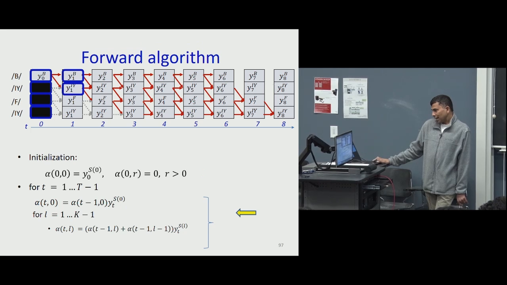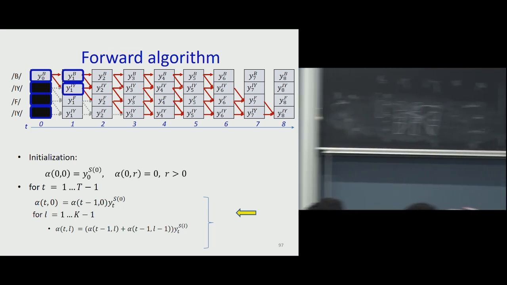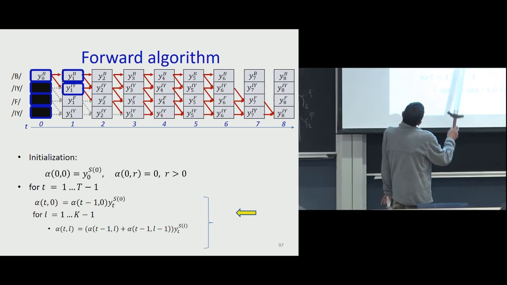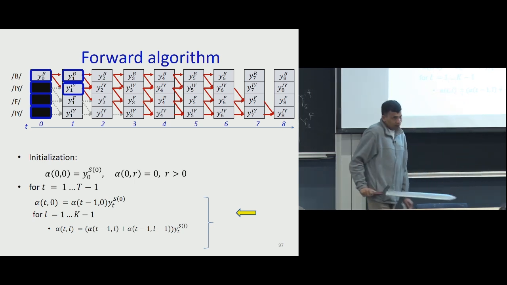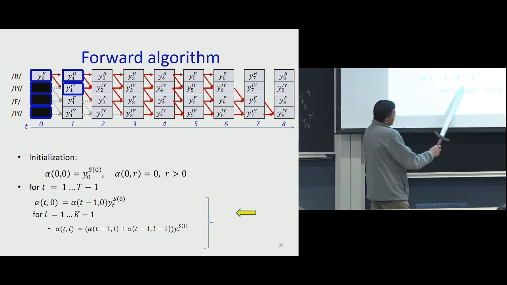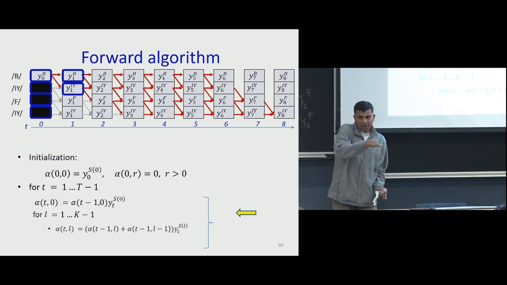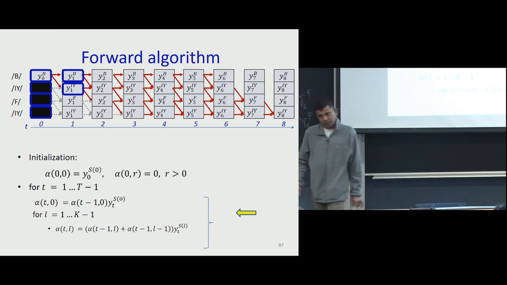Then at subsequent times, you're just going to go over the top row. I keep treating the top row especially, because the top row has only one parent. But for every other row, you're simply going to be summing the alpha immediately to the left and the alpha immediately to the left and one above, which are the two incoming paths, and then multiplying that by the probability of the current symbol.